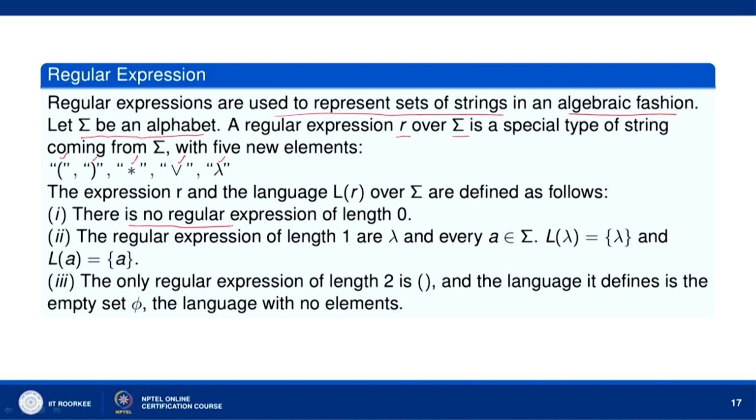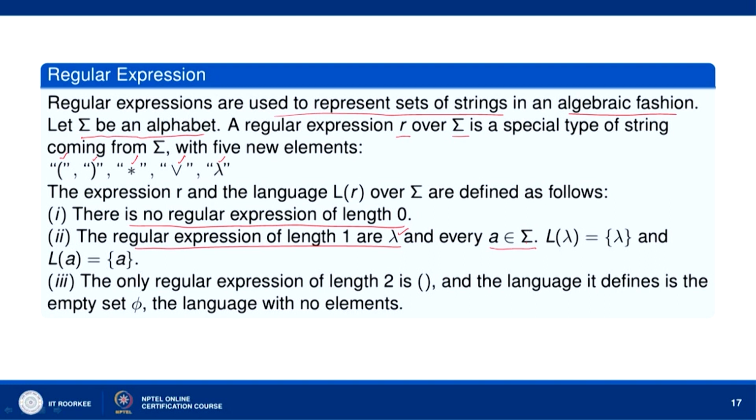There is no regular expression of length 0, that is the first thing. These are the rules. There is no regular expression of length 0. Let us consider the regular expression of length 1. Regular expressions of length 1 we have as lambda and every a belonging to sigma.